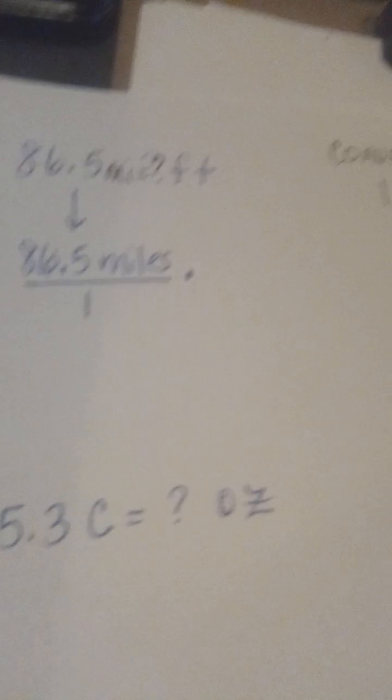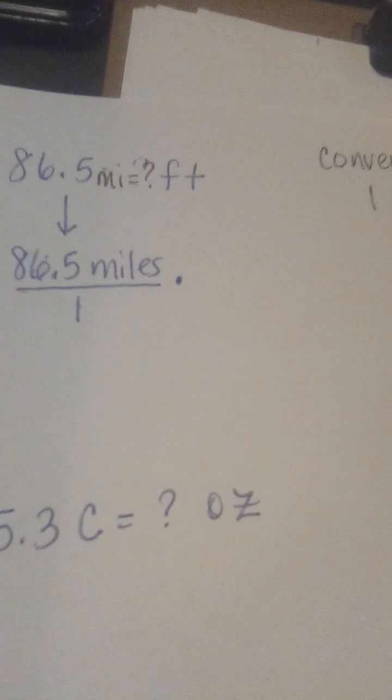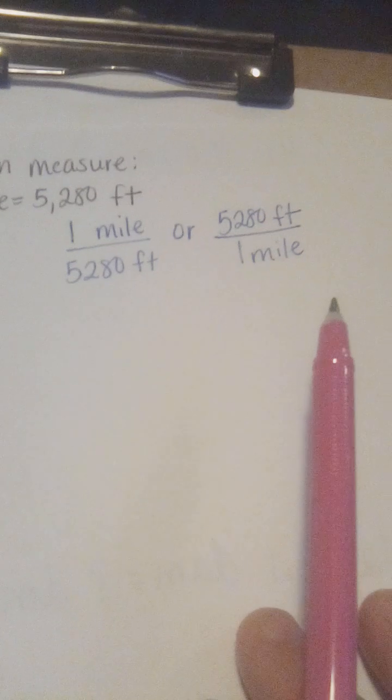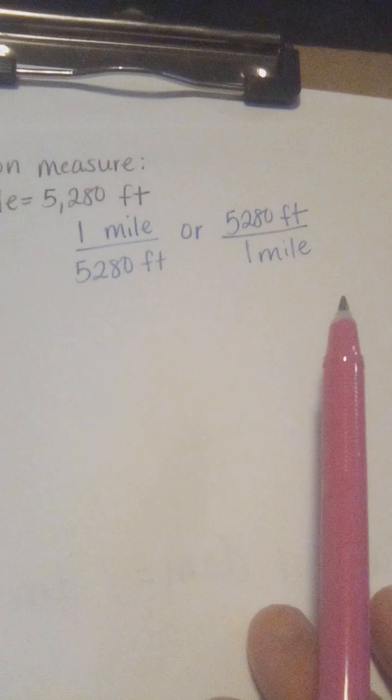Which of the two will you use to fit this narrative? Remember, we have to cancel out the mile completely on the other side. So what's your guess? If you said 5,280 feet over 1 mile, you're correct, because watch and see, everyone.